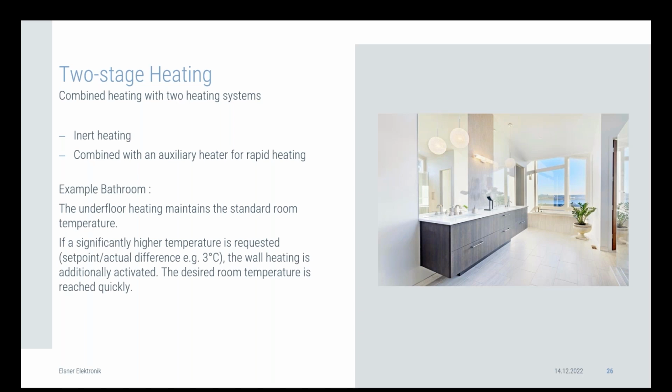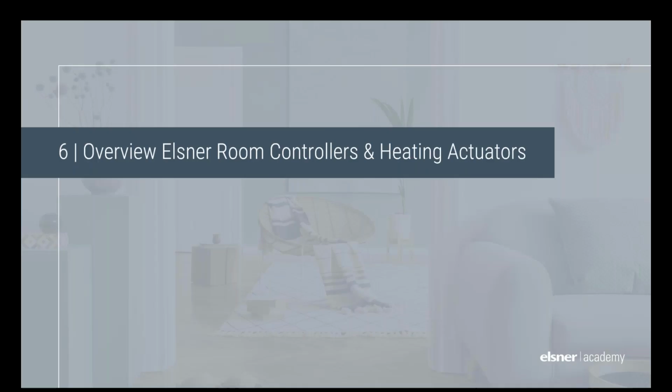The underfloor heating actually maintains the standard room temperature. If a significantly higher temperature is requested, then the wall heating is additionally activated. The desired room temperature is reached very quickly. That's about the two-stage heating.